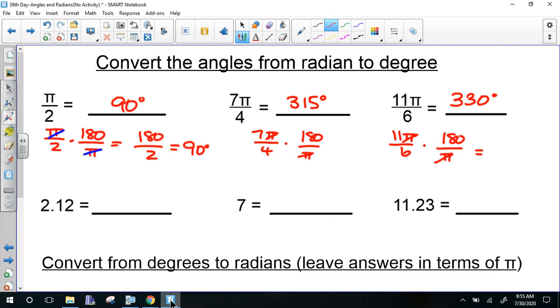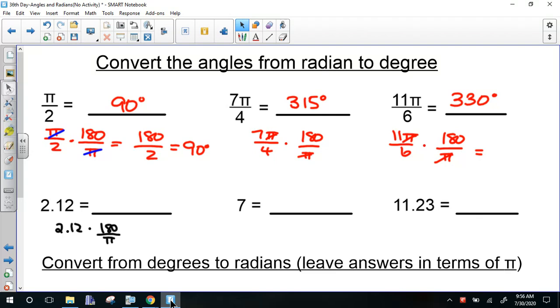Okay. Now, if you look at the next ones, they do not have pi in there. They're listed to you in radians. And we want to make them in degree mode. Okay. So 2.12 radians. How do we convert that? Well, we multiply by 180 over pi. 2.12 times 180 divided by pi.